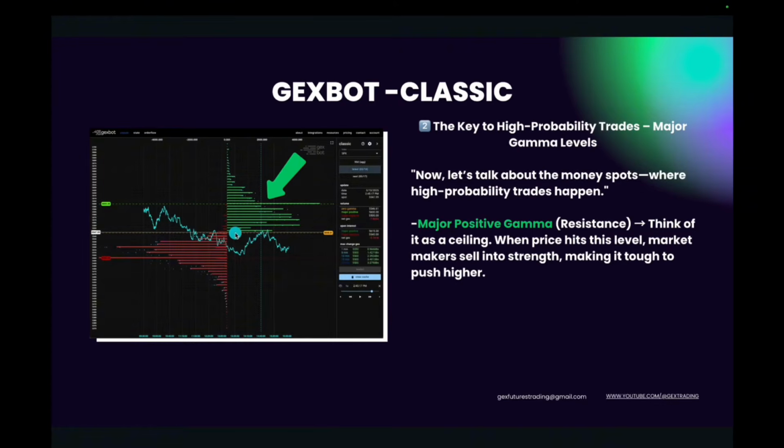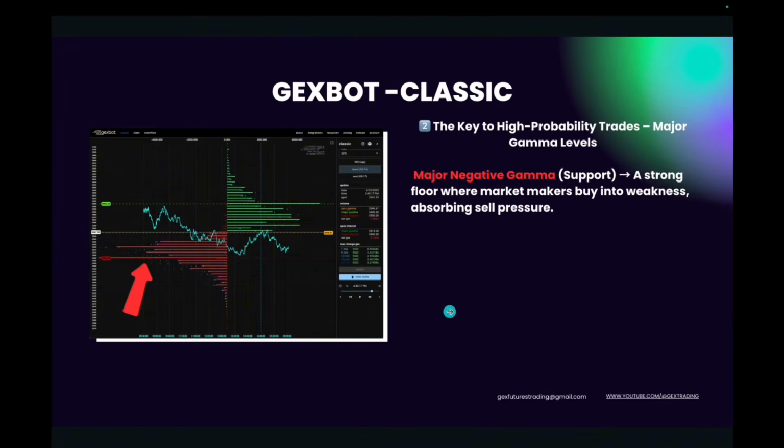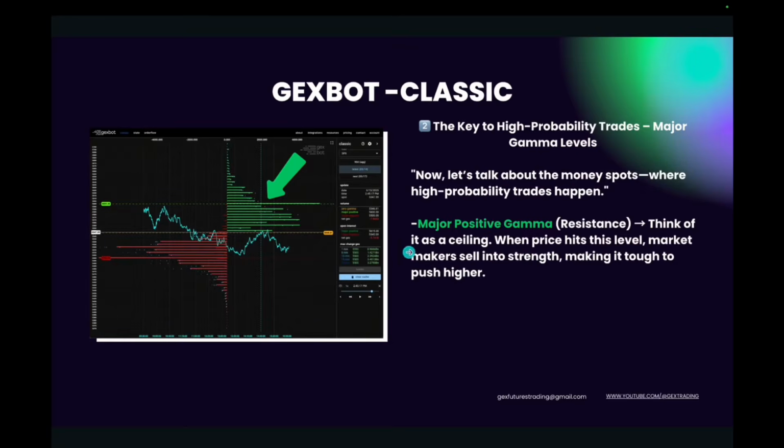It's that options participants were positioning themselves on the way up, and once they reach this target, they take profits. It has to do with something called gamma 25 and gamma 50, which I'm going to explain later, and why these guys in the options market prefer to take profits at these levels. So this is trade number 1.